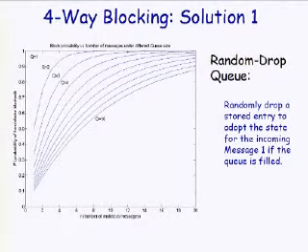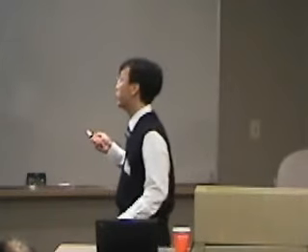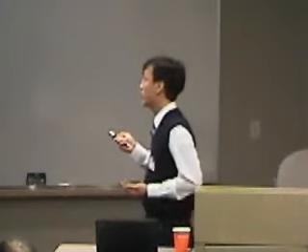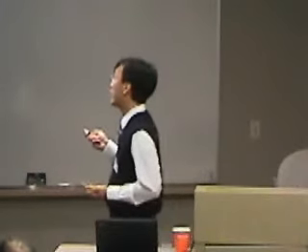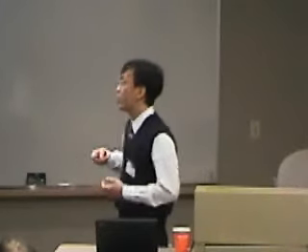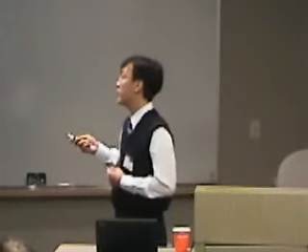So a very simple solution to this is, actually we proposed 4 solutions to this. The last one was accepted. The very simple solution is we can just use a random drop queue. The supplicant can randomly drop a stored entry to adopt the state for the incoming message 1 if the queue is filled. But the calculation shows this solution is not so good.